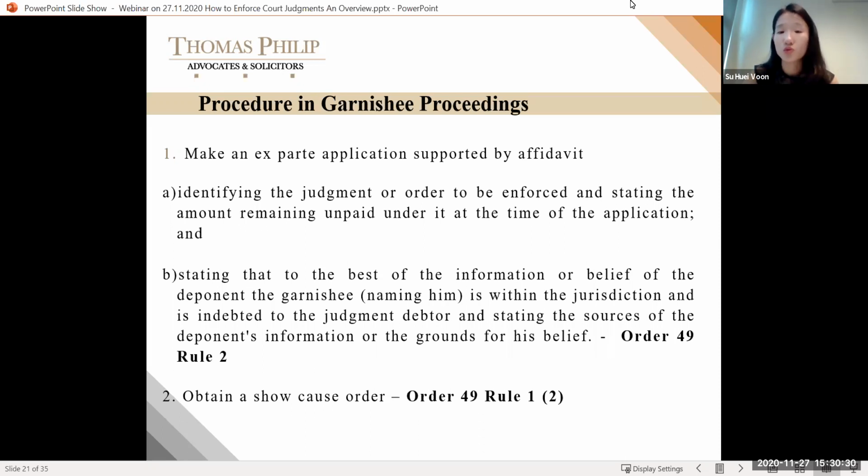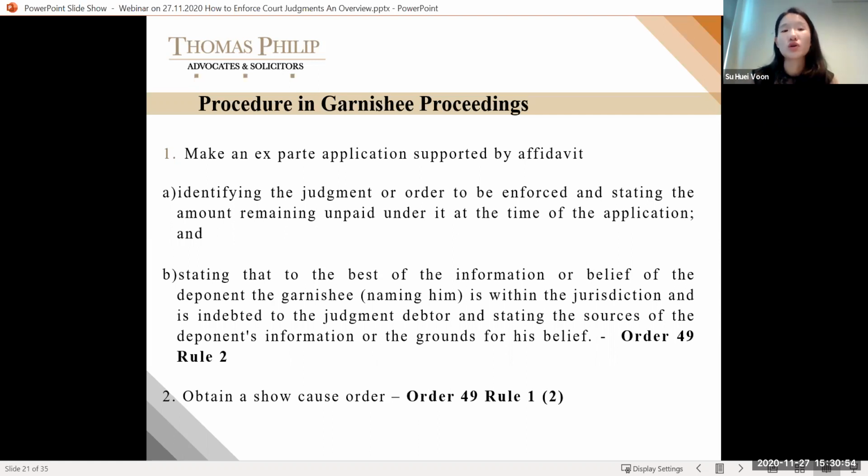This is found in the Rules of Court, Order 49, Rule 2. Usually you will move for Garnishee proceedings if you know of the judgment debtor's bank account. Somehow you manage to find out the bank name and the bank account details, and you have reason to believe that there's probably money there that can pay off your court judgment.